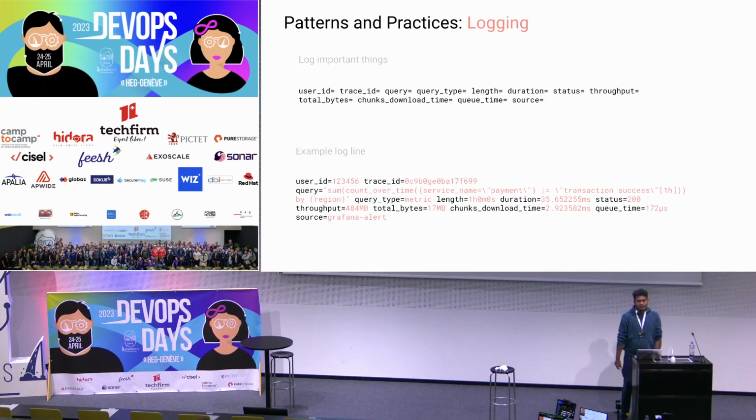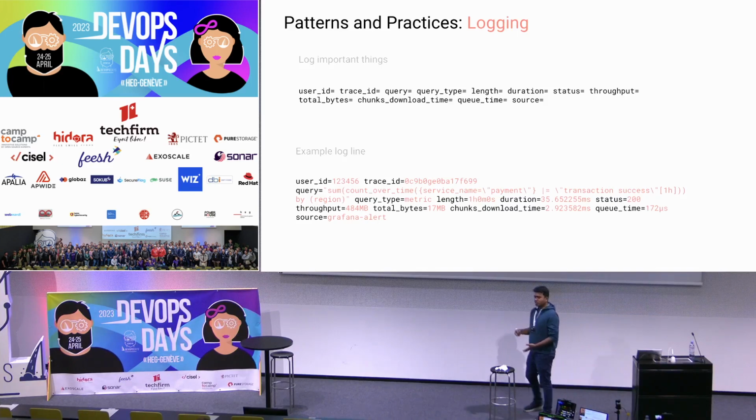And the chunks download time is also interesting because, like I said, one of Loki's main dependencies is the object store itself. So we use this a lot. Let's say when GCS has an outage, we'll have some increased value here because we'll know where the time has been spent.